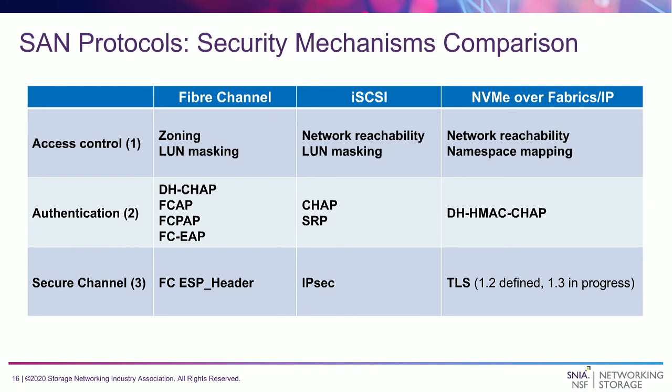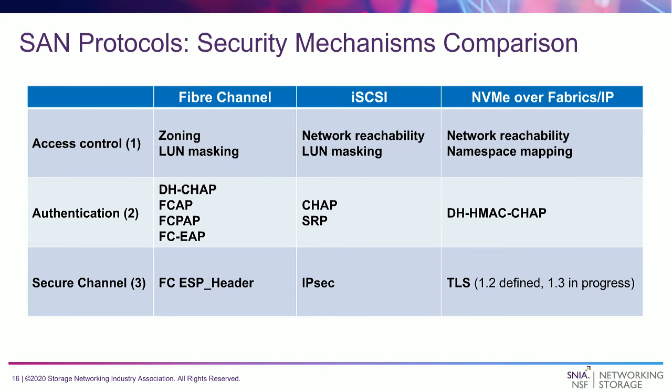And in terms of secure channel, iSCSI supports IPsec, and there will be more discussion on that later in this session. And finally, when we look at NVMe over Fabrics, network reachability and namespace mapping are the names in that realm of the techniques we already described for both Fibre Channel and iSCSI.